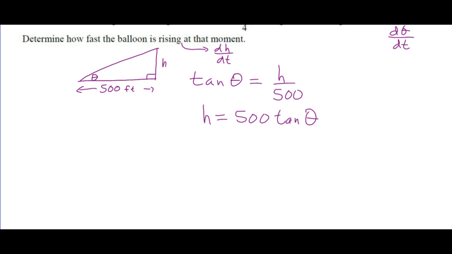So the derivative on the left-hand side with respect to time is dh by dt, and the right-hand side is 500 times the derivative of tangent, which is sec squared theta, and because we're taking the derivative with respect to time, d theta by dt.